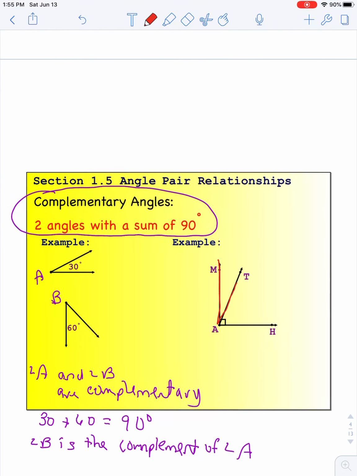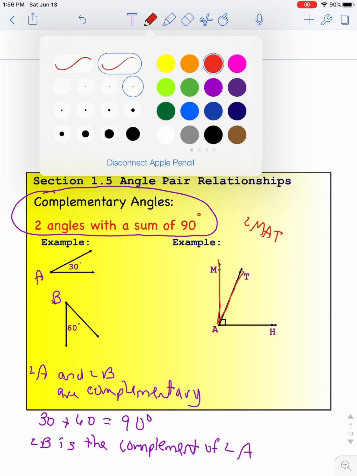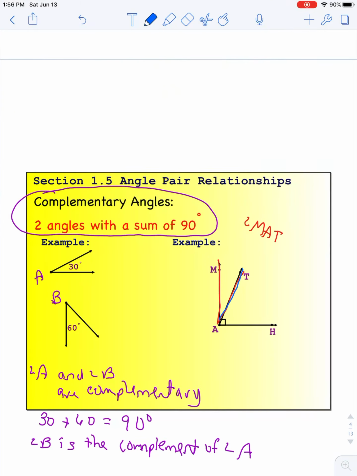So what we have here is angle MAT, and we have this angle TAH right here. Angle TAH. And they are complementary.